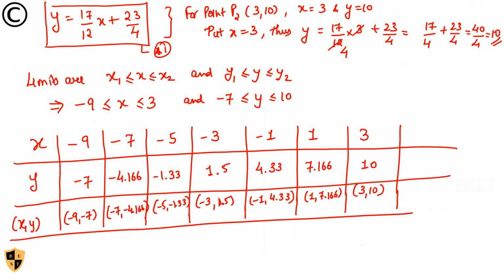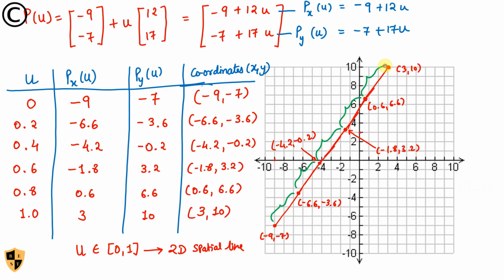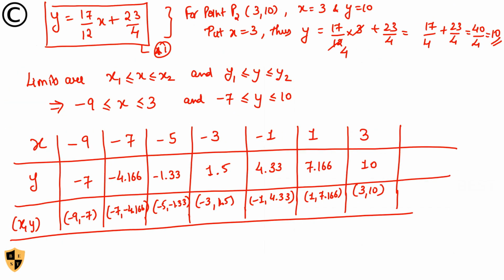So in method 1, if you remember, you can see that all these intervals, or you can say all these cells of different length, generally they are of equal distances or equal length, because you have equal intervals of parameter u. In non-parametric you can see that again, if you are going to plot this, the length of the line will vary.